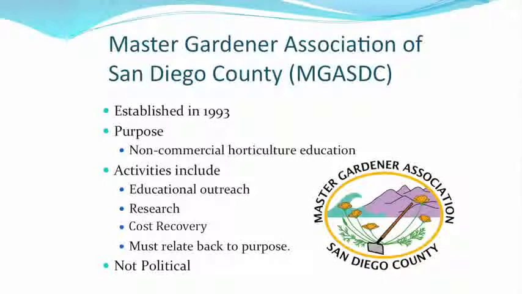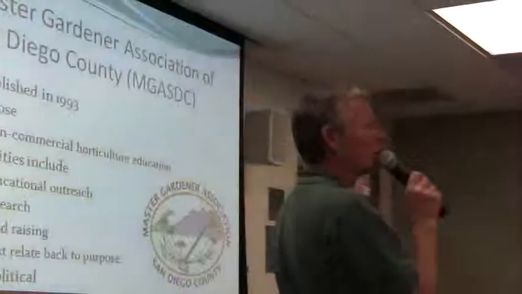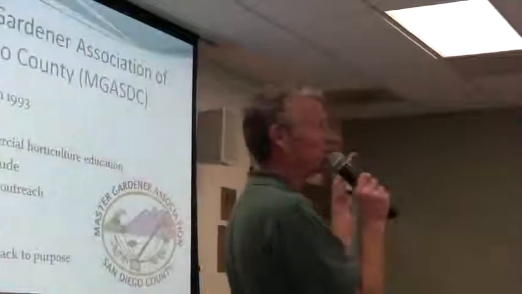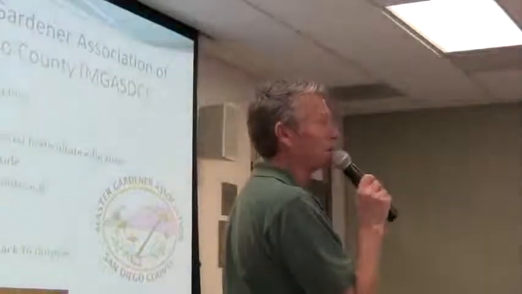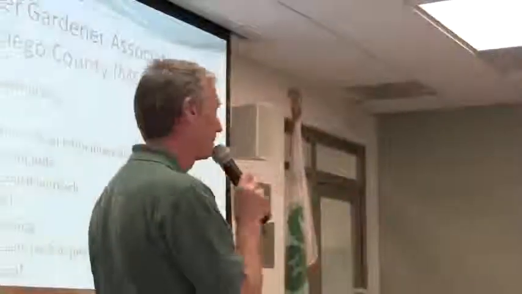That's one of the ways in which we can comply with the university's wishes for us remaining within the organization. Everything that we do must be related back to the organization, and we do not do anything political. That's the number one thing, and that's from both the university side and from the association side.